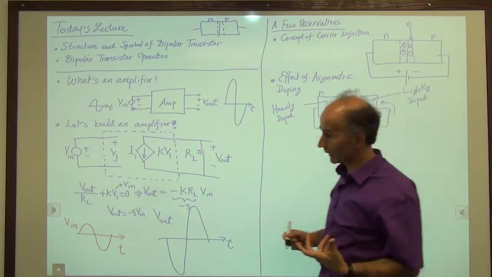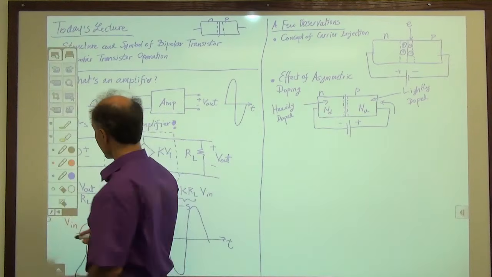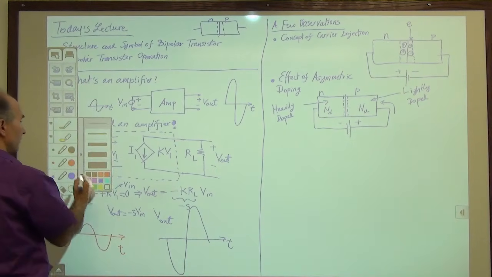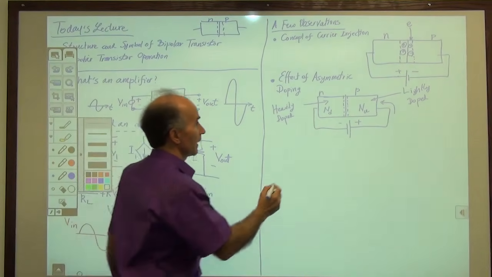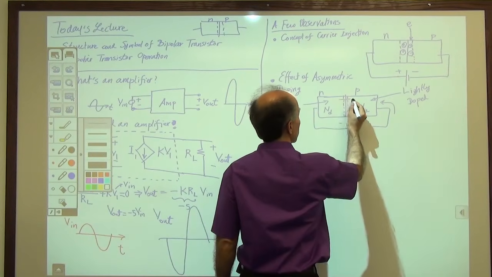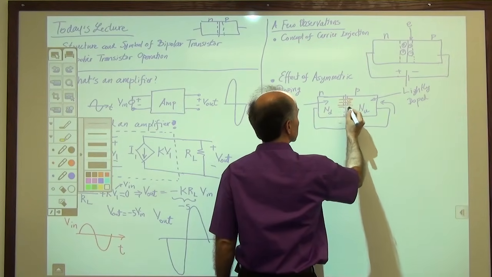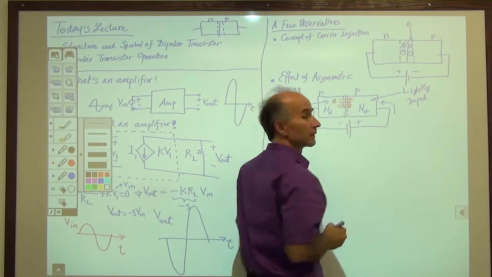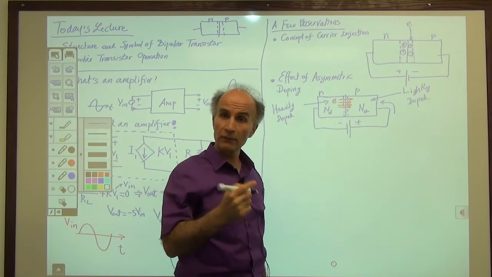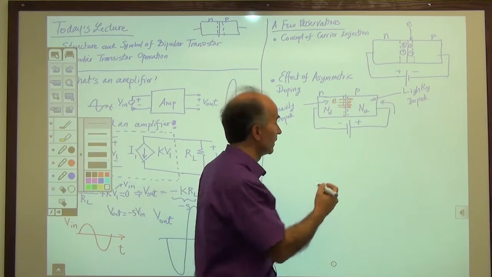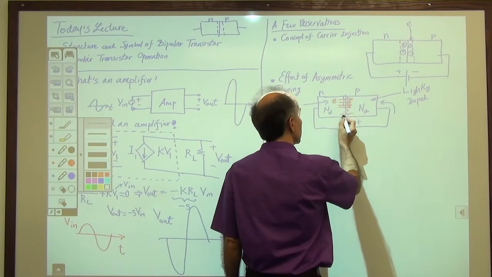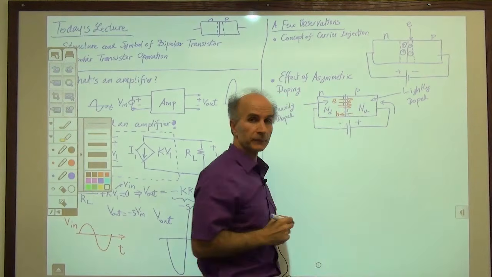So what we are thinking is that when this situation exists inside the p-n junction, we end up with lots of electrons going this way. So these are all electrons, and just a few holes going the other way.